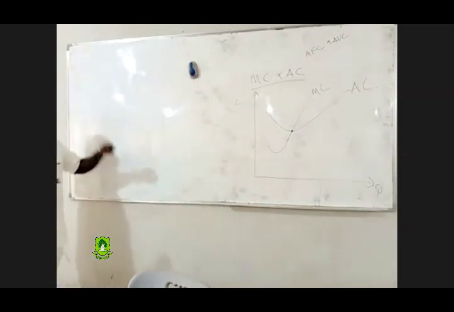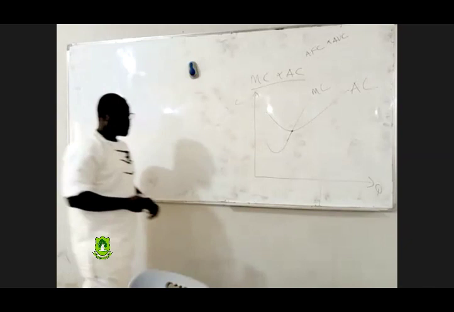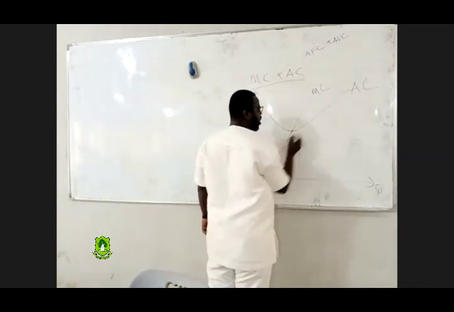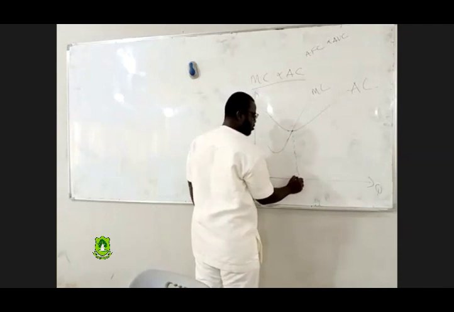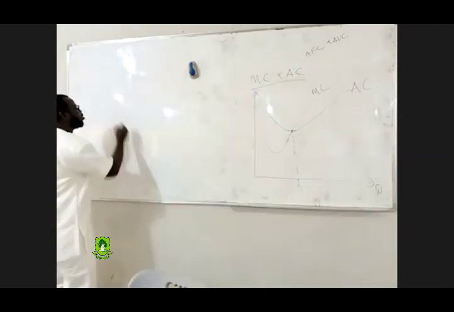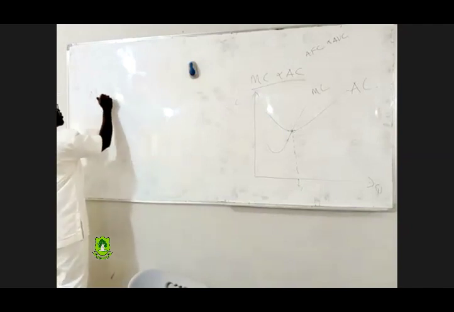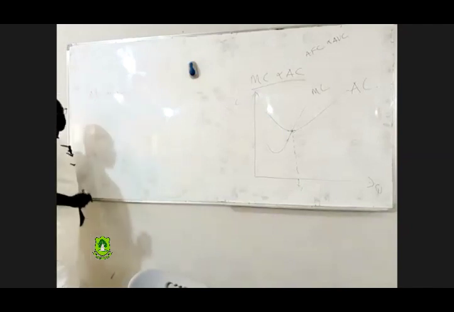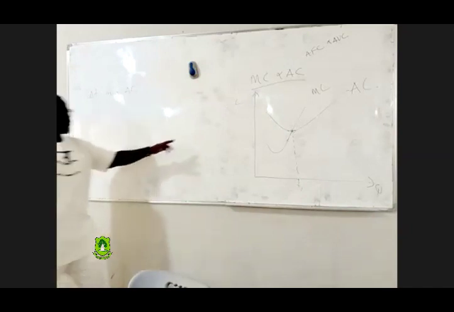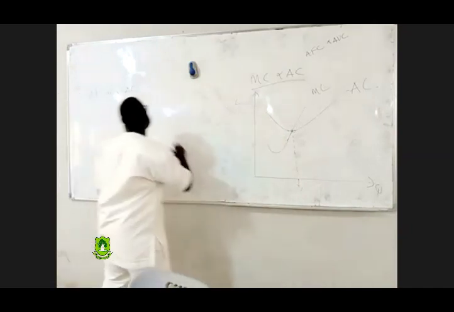When you look at this, you will realize that this is the minimum point of what? Average cost. Is that not it? This is the minimum point of average cost. And at that minimum point of average cost, what is happening?